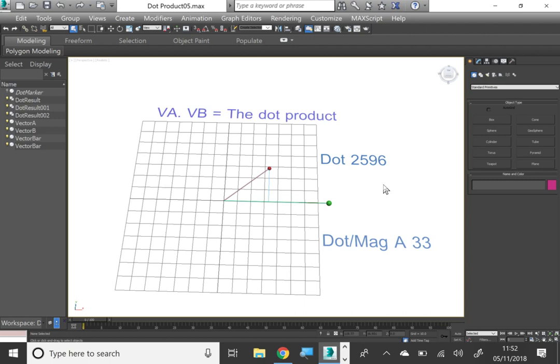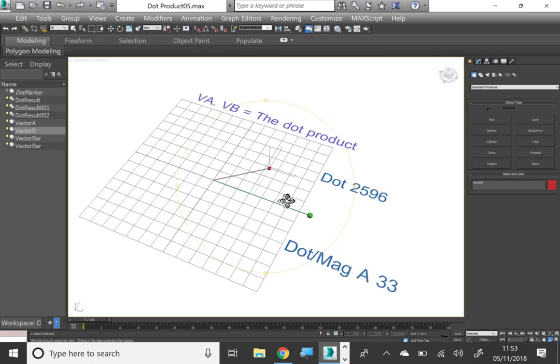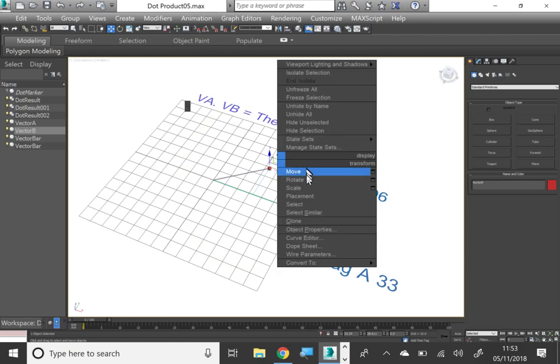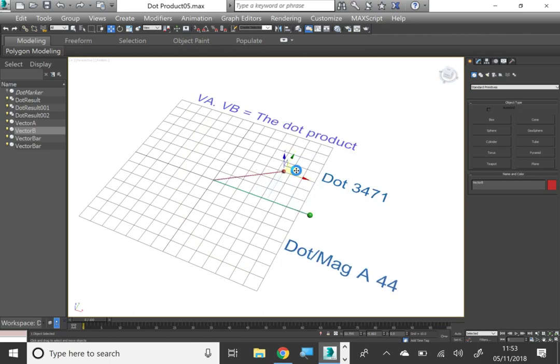The dot product chucks out a number. Here I have two vectors, and you'll get to play with this afternoon. Well, some of you will. I'm going to move this vector around. If I move this, you can see that the dot product changes.